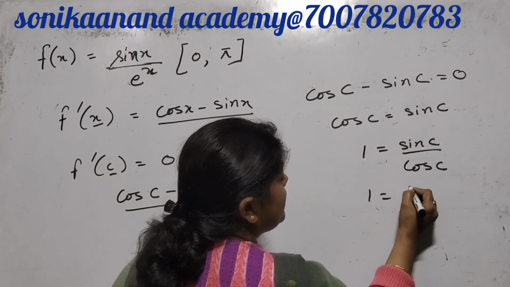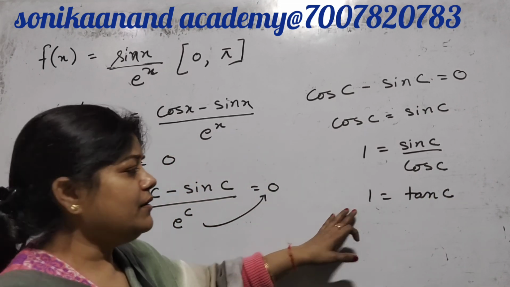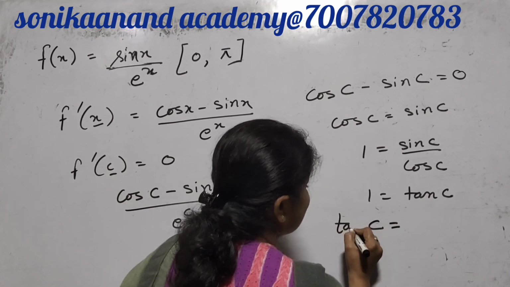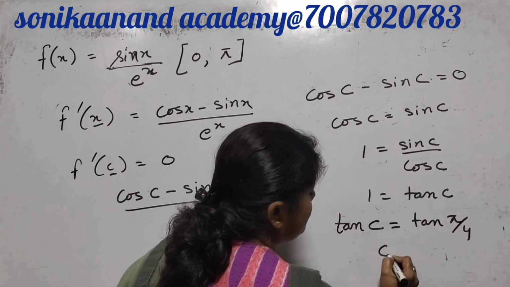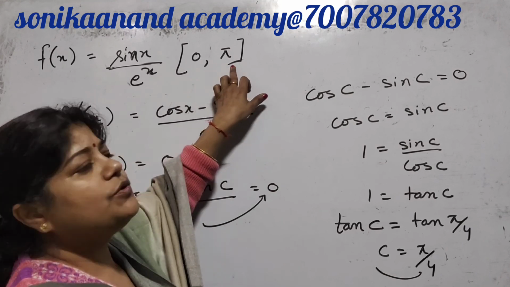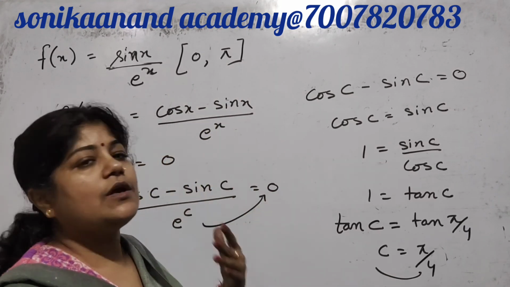So we get 1 equals tan c. So when we have the value 1, we get tan c is equal to tan pi by 4. Clear? Yes. Now, the value of c is pi by 4 and pi by 4 lies in between 0 to pi. So Rolle's theorem is satisfied for this function.